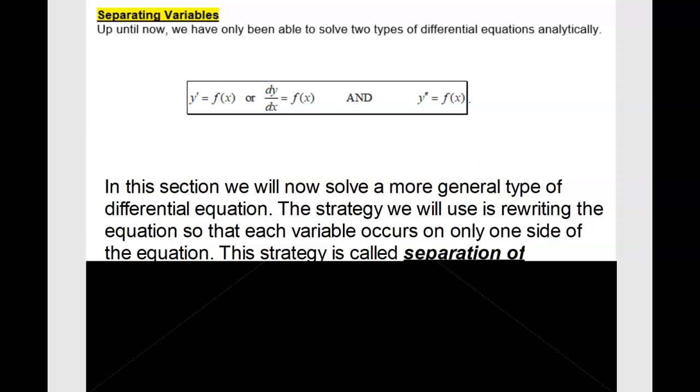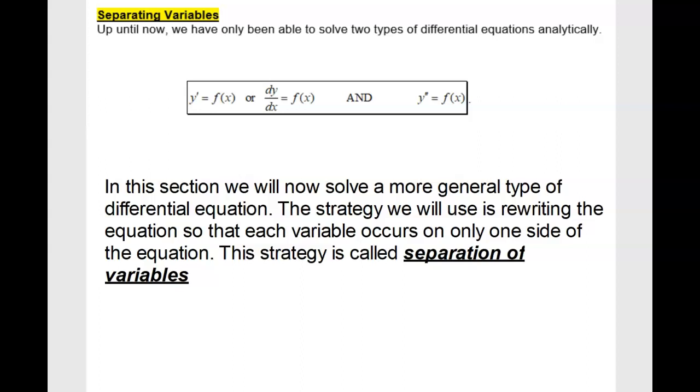We have our E's, our LNs, but especially the E's. We're also going to look at slope fields. This separation of variables strategy is super important with slope fields, because what we do is look at each point and find the slope at each of those particular points.